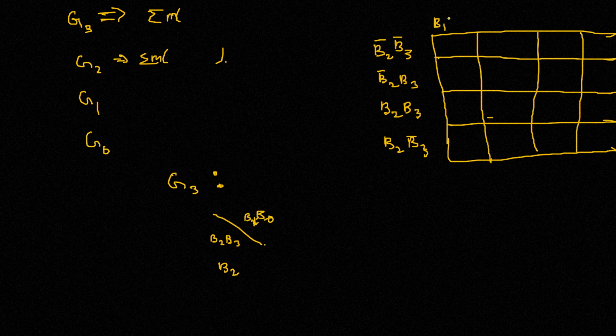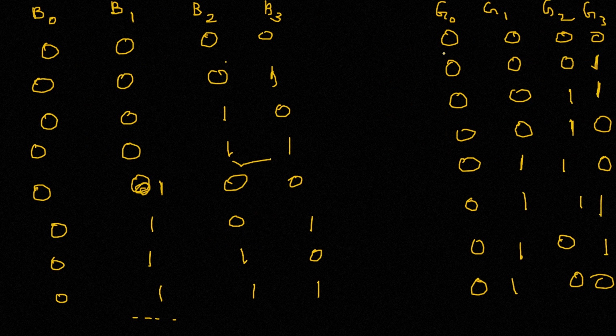Okay, this is B1 dash B0 dash, B1 dash B0, B1 B0, B1 B0 dash. Okay, so upon drawing this entire truth table, we should actually write B3, B2, B1, and B0.